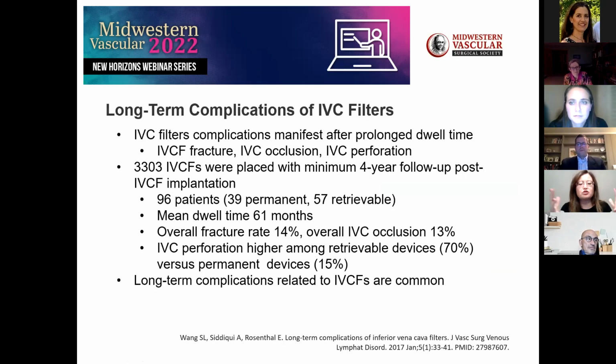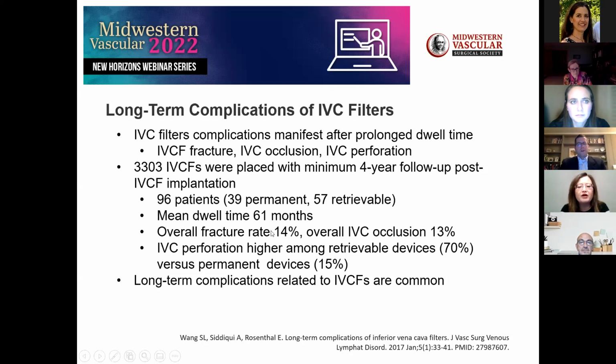So in terms of long-term, this is a study from the Kaiser Permanente group looking at IVC filters in their radiology suite. They follow them long-term. These are ones that have prolonged dwell time, over 3,300 filters that were placed with at least 4-year follow-up. What they found was 96 patients, so pretty low complications, but 39 of them were permanent, 57 were retrievable.